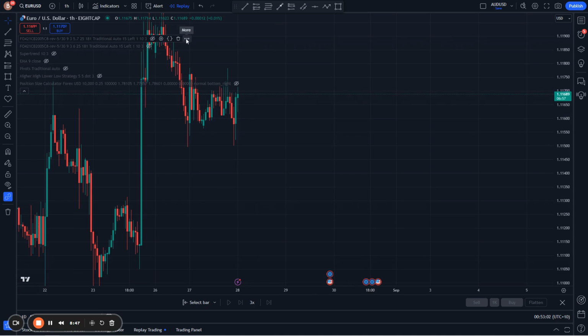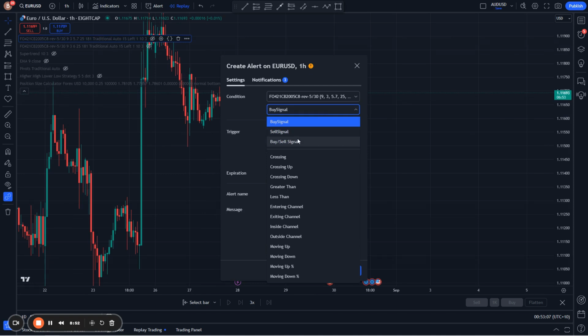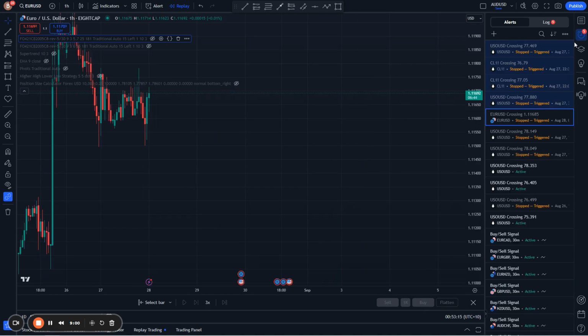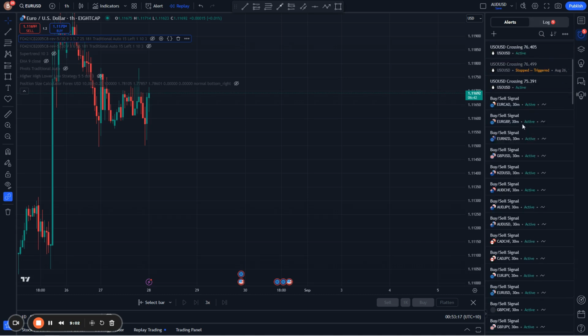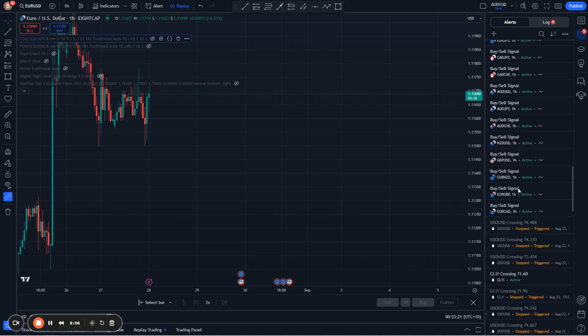That simply just means if you go over here and you add an alert, I can, with my own strategy, have buy and sell signals. So it tells me when to buy, it tells me when to sell, and I can set these. For example, you can see over here that all of these ones are all my technical alerts.